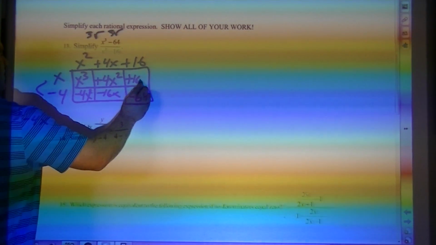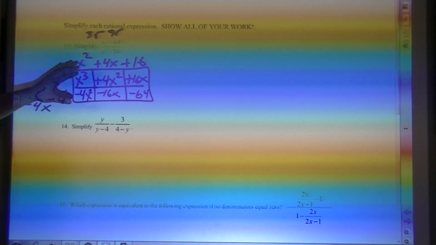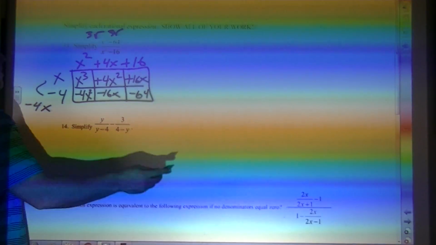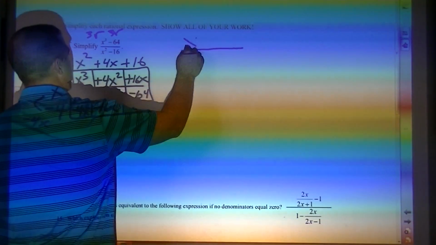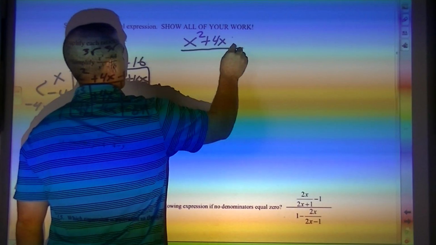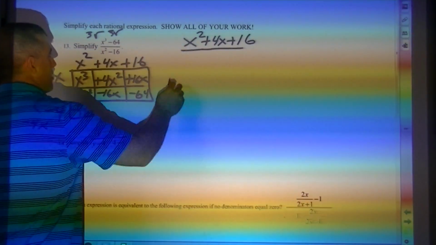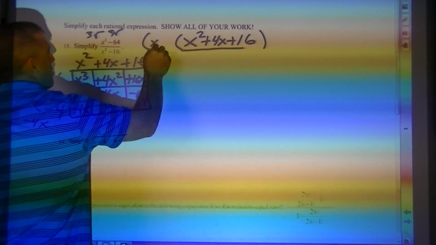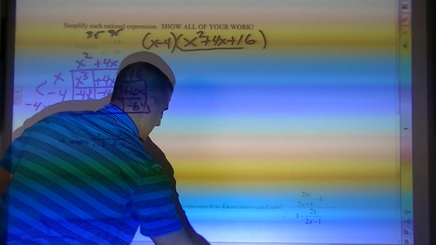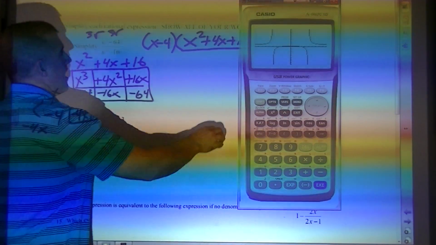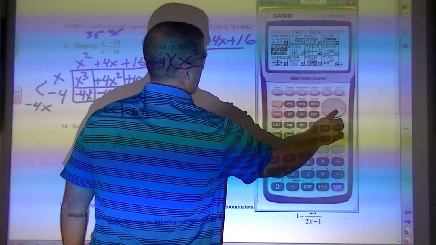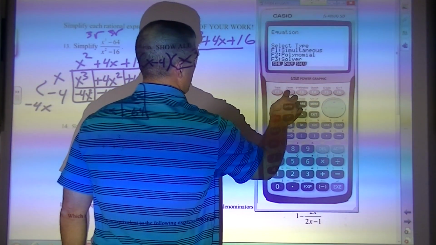And positive 16x. So if you want to use all the boxes or some of them and understand the pattern, whatever way is going to help you get it. So I got x squared plus 4x plus 16, times x minus 4. All right, the bottom one, if you use equal for that, then you equal polynomial.